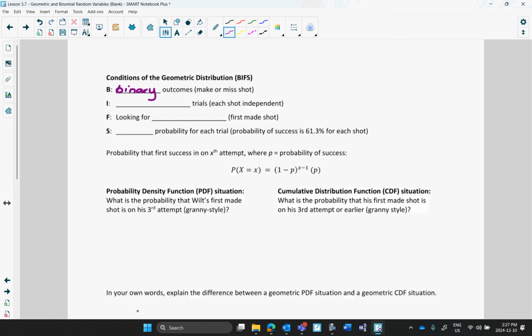Each time you do one, the probability is independent of each other. So independent trials. The probability of the first time does not influence the probability of the second trial, which doesn't influence the probability of the third trial, etc. We are looking for first success with F then.